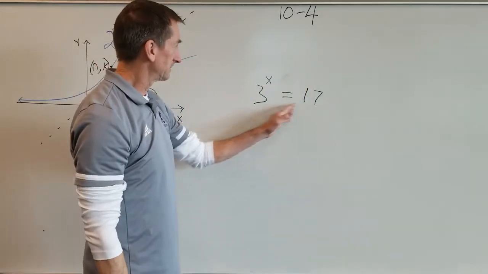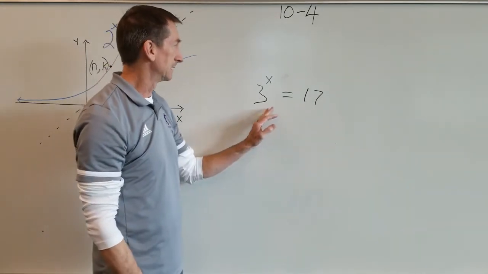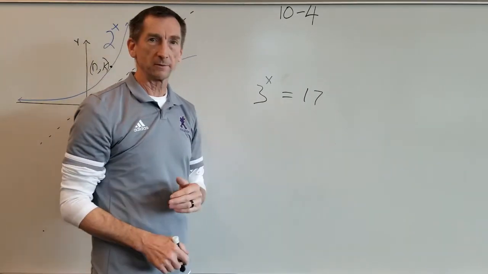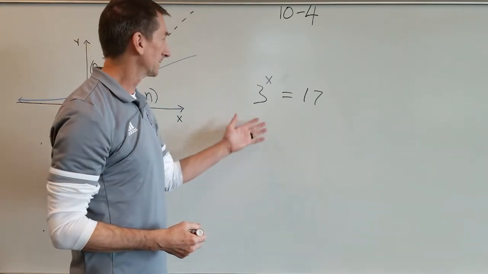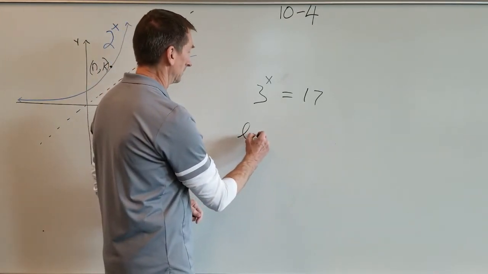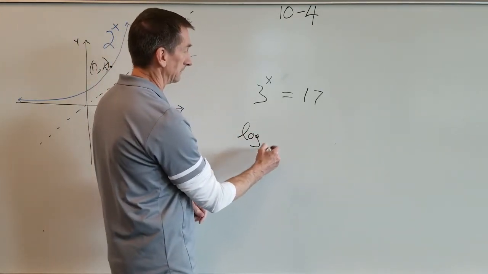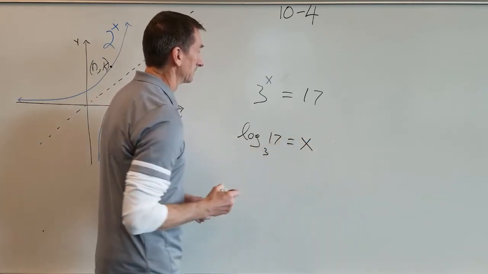Well, in this case, you can see that I can't get a similar base out of these, so there's really no way to solve this. But what I'm going to do is solve it using logarithms. So I can actually write this as log base 3 of 17 is equal to x.